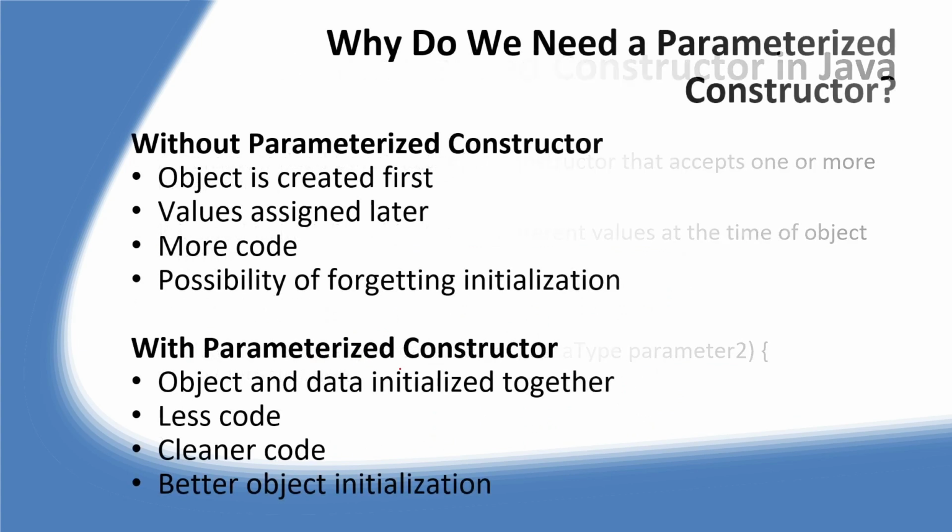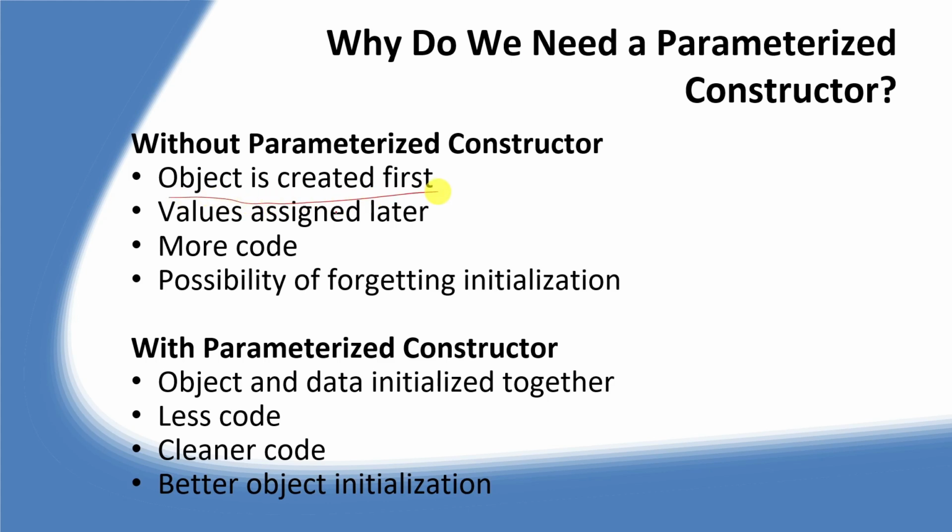Now the next question comes, why do we need a parameterized constructor? Is there any way to achieve these things without one? Yes, there is a way, but the problem is the code will be more.